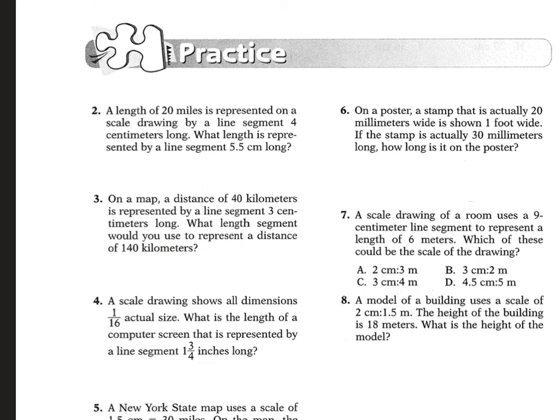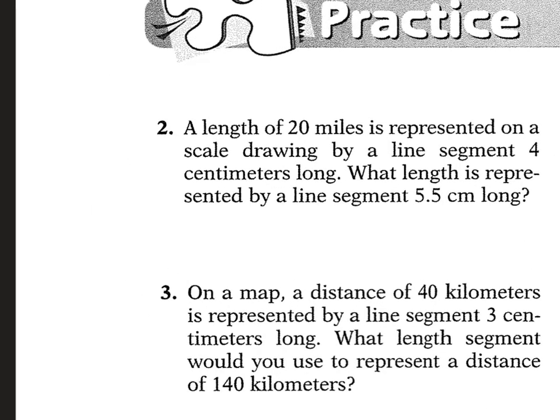For our next page, we have a length of 20 miles is represented on a scale drawing by a line segment 4 centimeters long. So 20 over 4 is what we're starting with. What length is represented by a line segment 5.5 centimeters long?